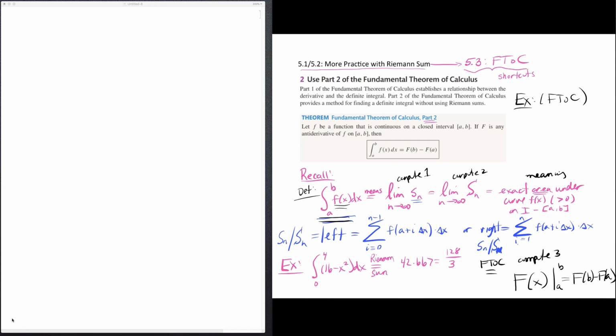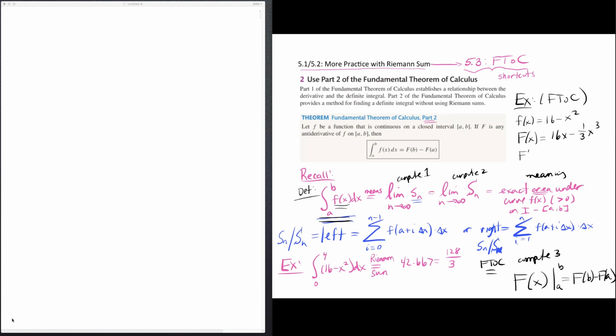So all you need to do is to take this function that you were finding the area under. You need to find an antiderivative of it, just an antiderivative, not the most general, but just any antiderivative that you can find. So that would be 16x minus 1/3 x cubed. There is an antiderivative.